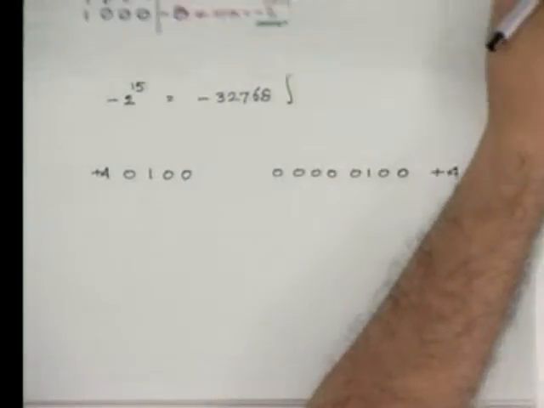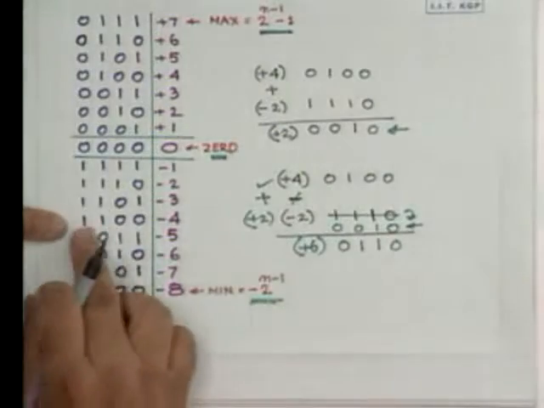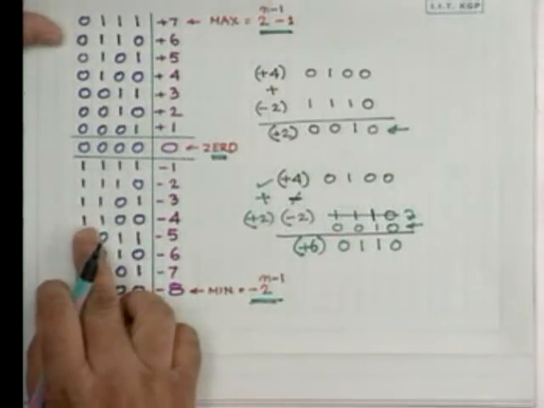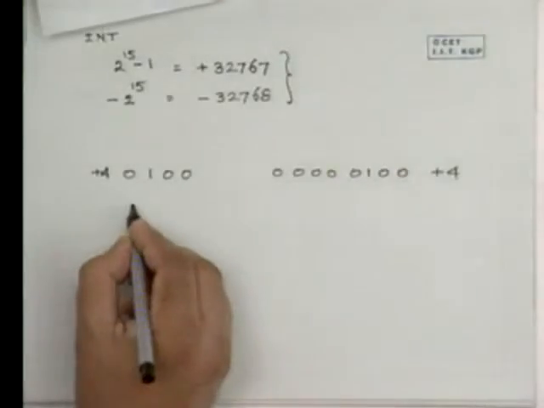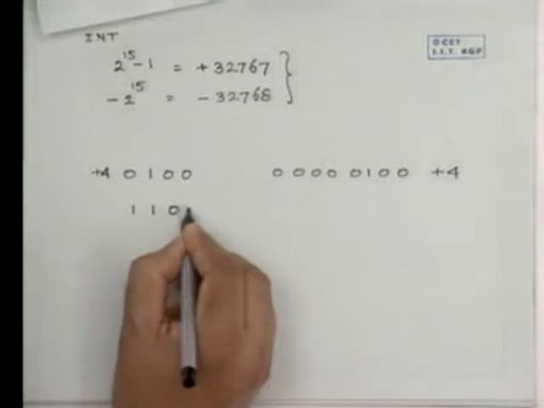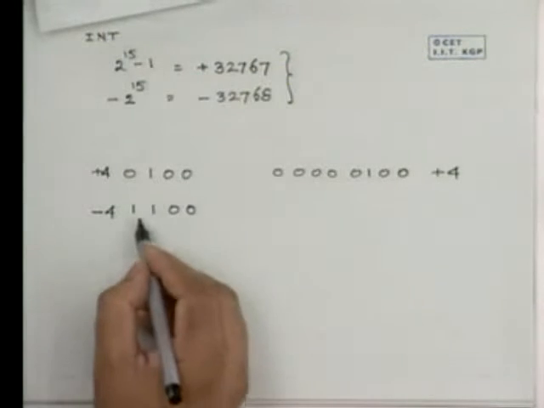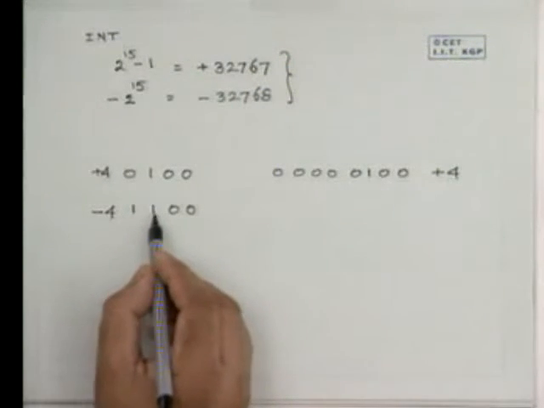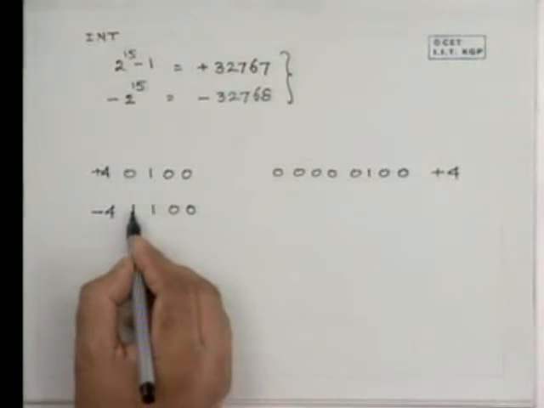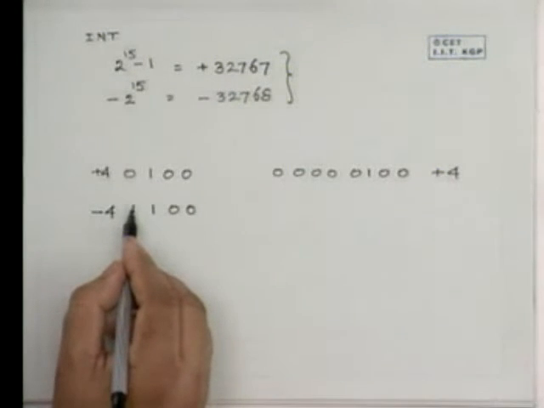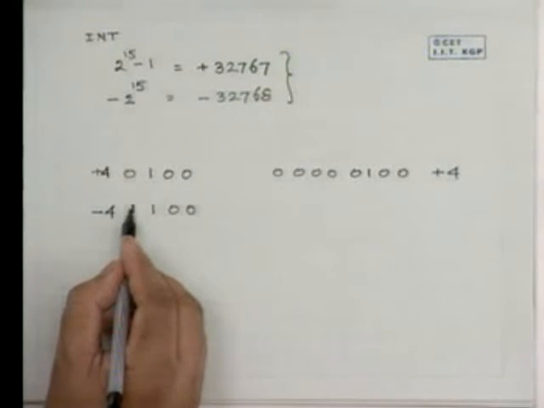Now, if you have -4, in that case I have 1 1 0 0, therefore 1 1 0 0 is -4 in 2's complement representation. And if we have to represent -4 in 8 bits, here also we simply propagate the sign bit towards the left.